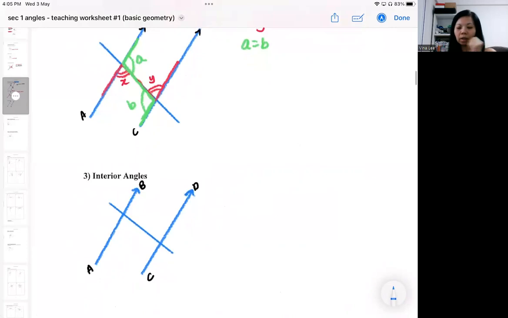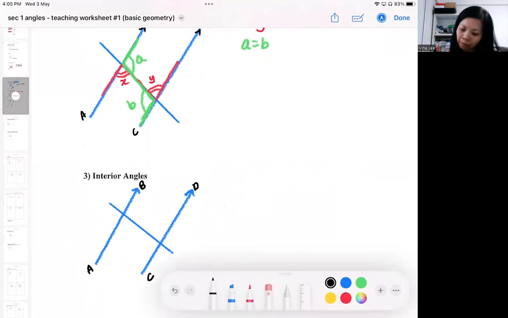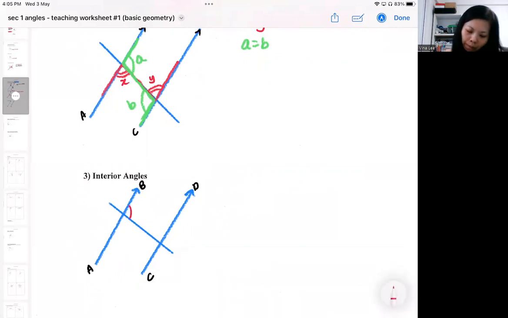In actual fact, it deals with the angles that are inside two parallel lines. So what happens to these two angles inside the parallel lines? They are not the same, but they add up to 180. They add up to 180 because they are interior angles, and the interior angles come from AB parallel to CD.